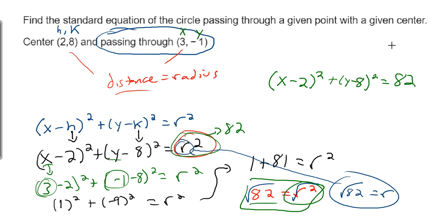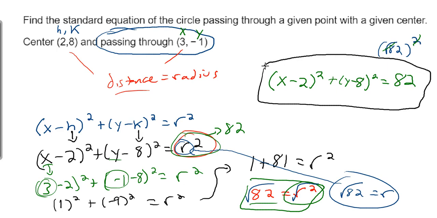You have the square root of 82 for r, and then that has to get squared, and then the square cancels out the power of 2, and you still just get 82. So it's a little bit of extra work to get you to the same place. It's a little bit unnecessary, but if that's what you feel more comfortable with doing, then you should do it that way. Either way, you should end up with this as your equation.